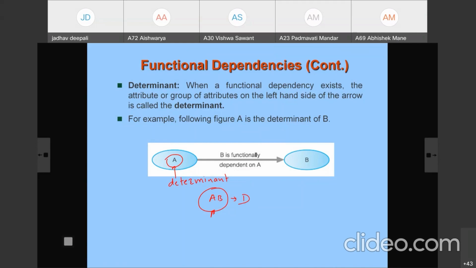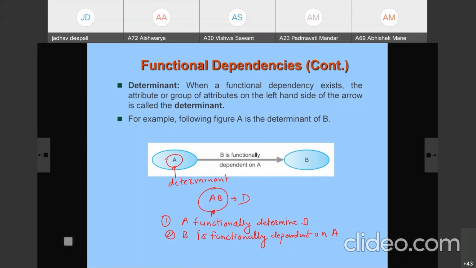The first is A functionally determines B, or in other words, B is functionally dependent on A. A functionally determines B, or B is functionally dependent on A. In this way we can say.